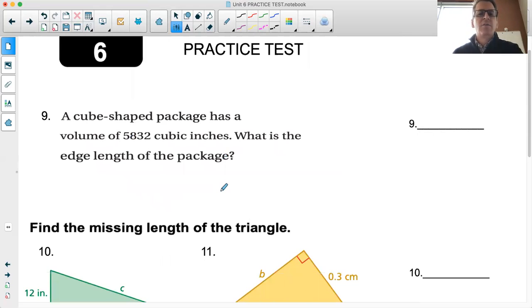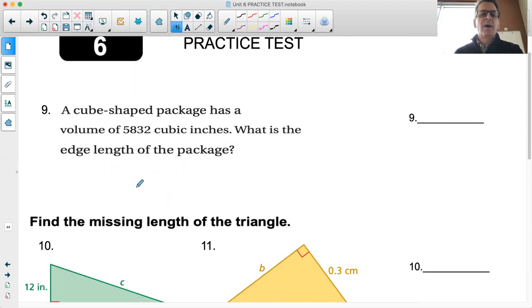Okay, so the keyword here is cube. We have cube shaped. So if you think of a package, it's shaped like a cube. All the sides are the same size, like so.